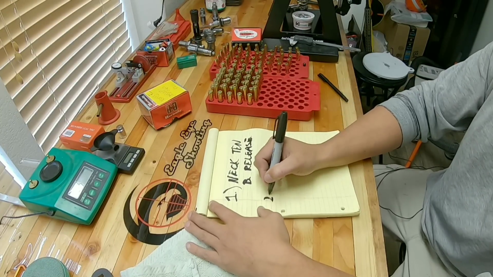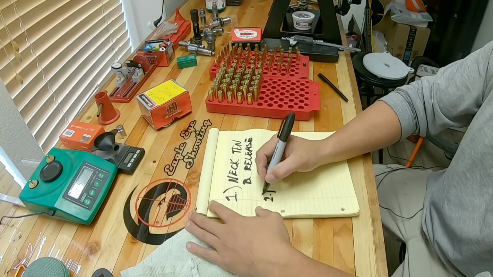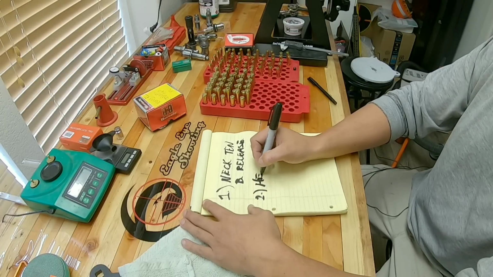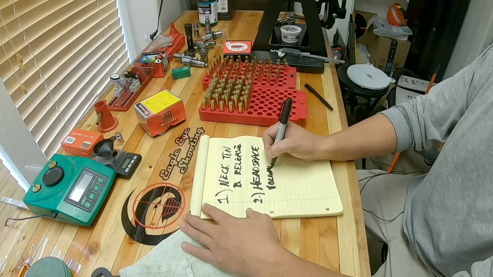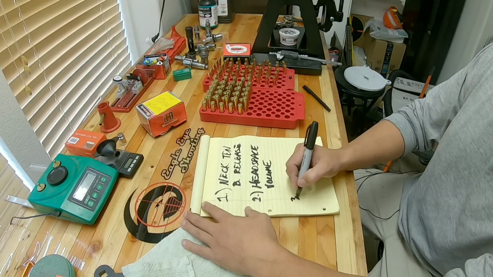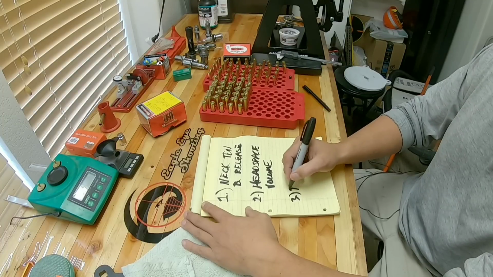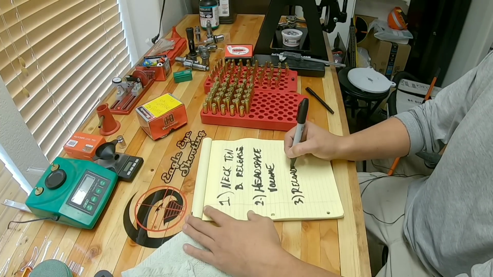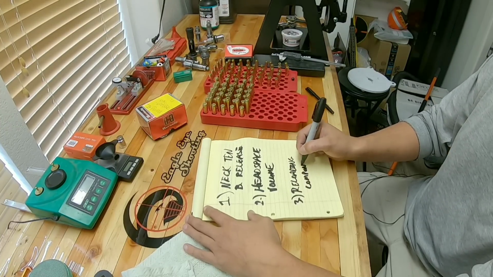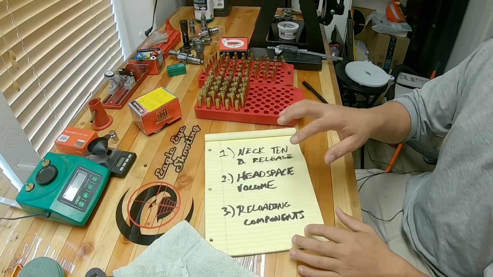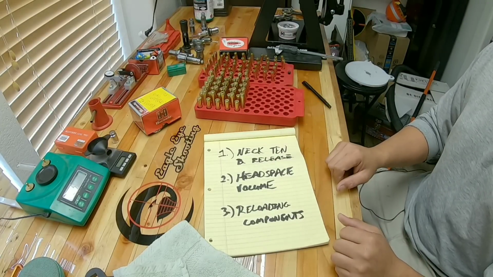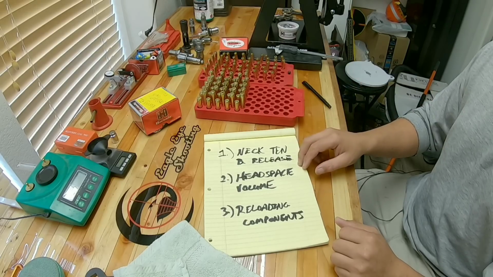Two, I'm going to talk about headspace and volume. And of course, number three is going to be your reloading components. So those are the three things I consider to be the main primary reasons why your standard deviations and extreme spread numbers differ.